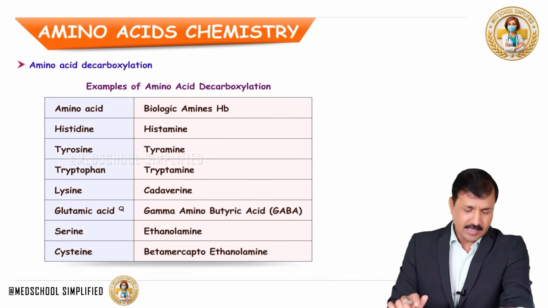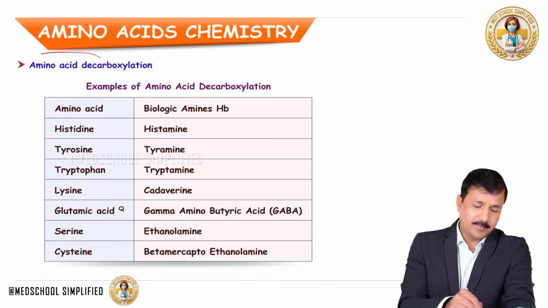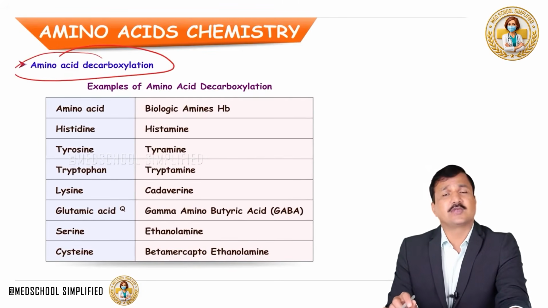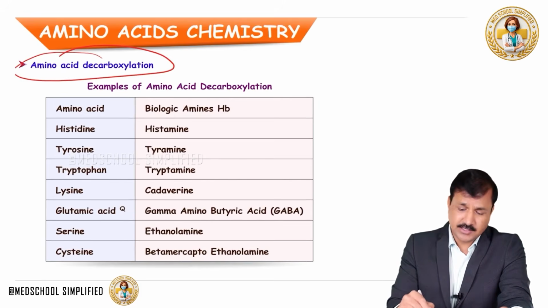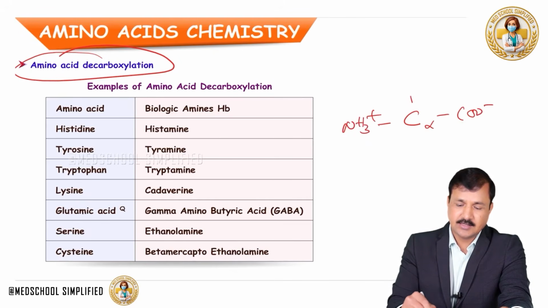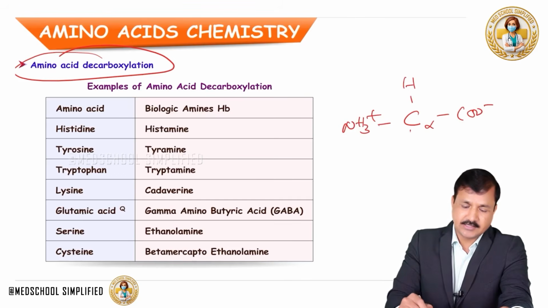And lastly, I am going to give you what happens to amino acids when they undergo decarboxylation of their primary carboxyl group. So here is the alpha carbon, COO minus, NH3 plus, and then H, and the side chain.